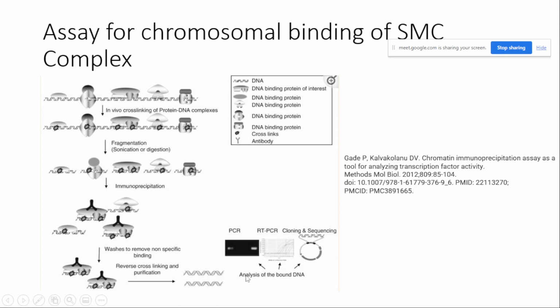Then we can do a PCR analysis to find how much binding of this protein was there in this sequence. If you don't know the sequence of the binding site, we can do sequencing, which is also known as ChIP-seq. In ChIP-seq we will sequence and find the sequence at which this protein of interest was bound.